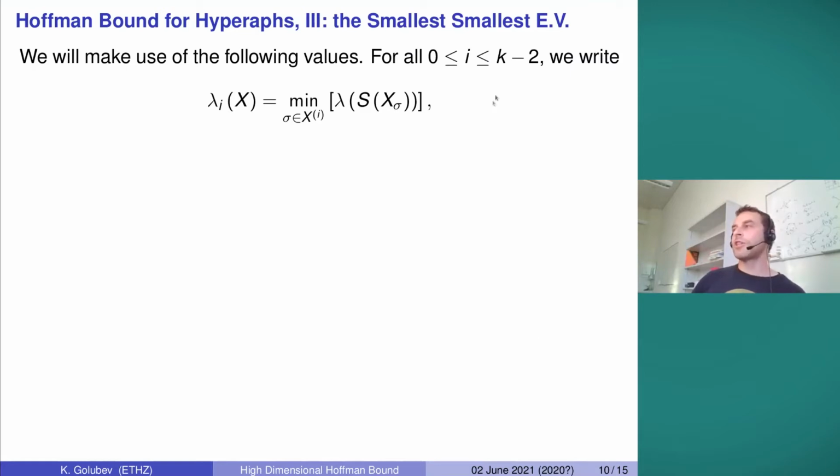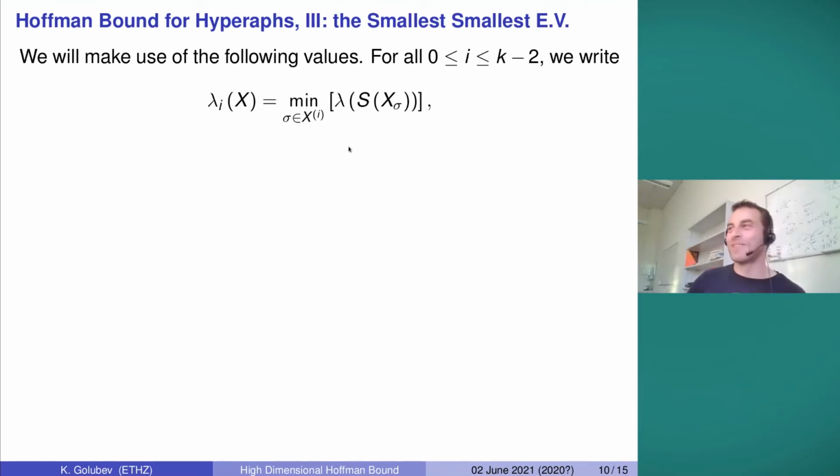For each dimension I, you compute lambda I of x, which is the minimum over all smallest eigenvalues over skeletons over all links for I-dimensional edges.